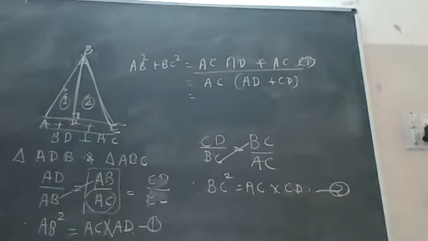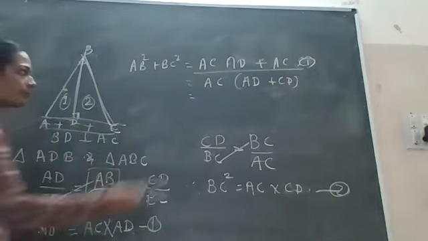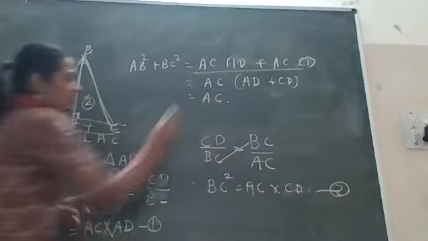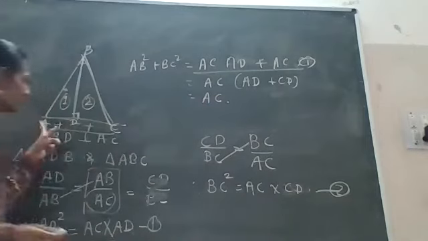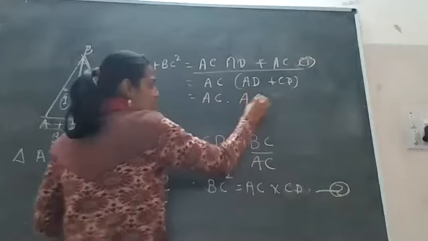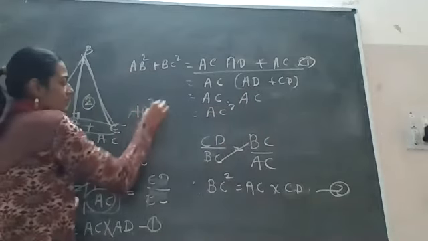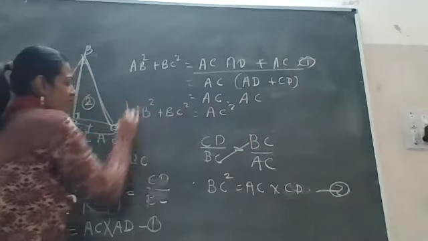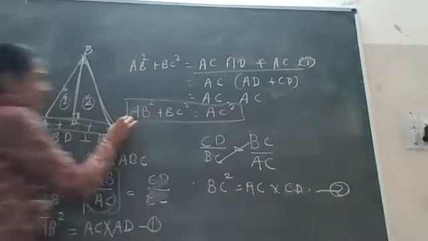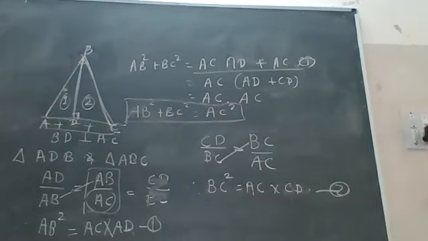Whole AC. Yes or no? So we say AC into AD plus CD is equal to whole AC. So AC into AC is equal to AC square. So we have AB square plus BC square is equal to AC square. Hence we have proved this theorem. Understood everybody?